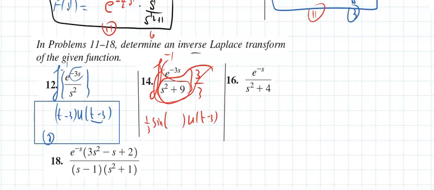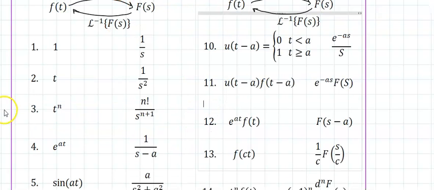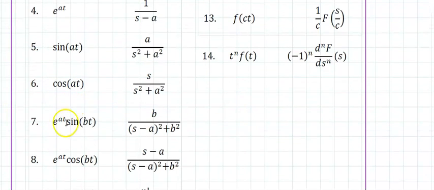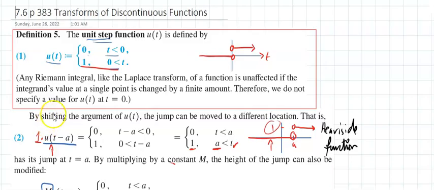Instead of 3t, it's going to be the sine of 3 times t minus 3. And this is by 11 and by, I believe, 5. It is 5. Don't mix this e with the e we're doing right now. That e is only for the unit step function.